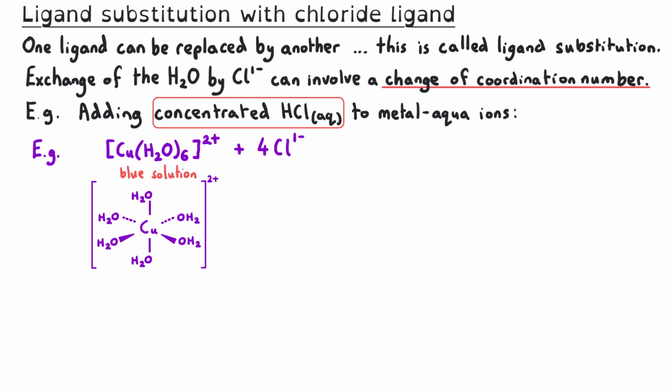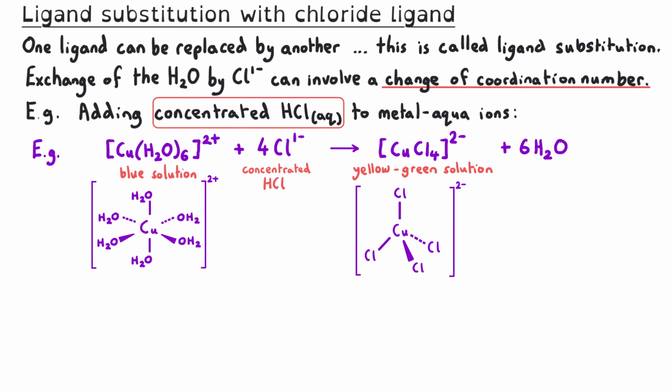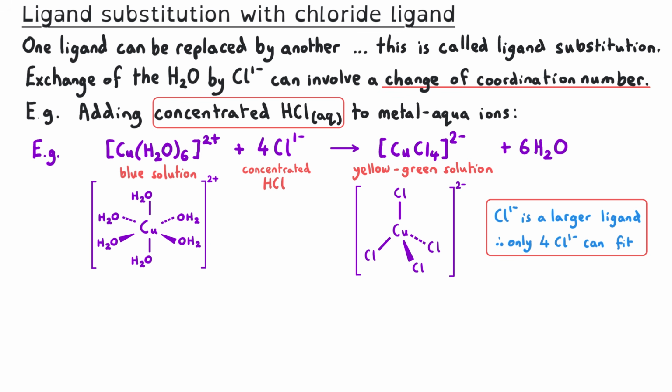If we start with a blue solution of hexaaquacopper 2+, and we add concentrated hydrochloric acid, what will happen is all 6 of those water ligands will be removed from the complex, and they will be replaced with 4 chloride ions as ligands instead. And so the equation shows the 4 chloride ions being added and the 6 water molecules being removed. And of course the complex changes as a result.